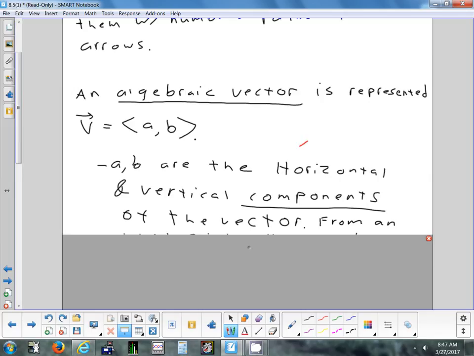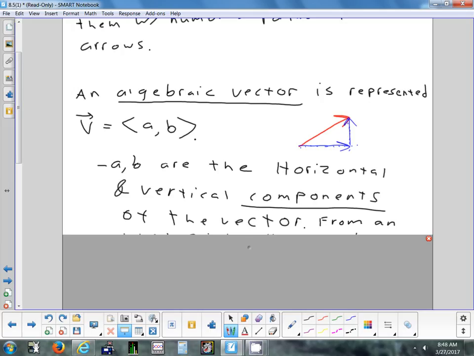Okay, and what we mean by that is any vector that's on an angle, you can break it down into a triangle, just like this. And by drawing a right triangle out of it, you can figure out the horizontal component, which in this case is to the right, and the vertical component, which in this case is up.